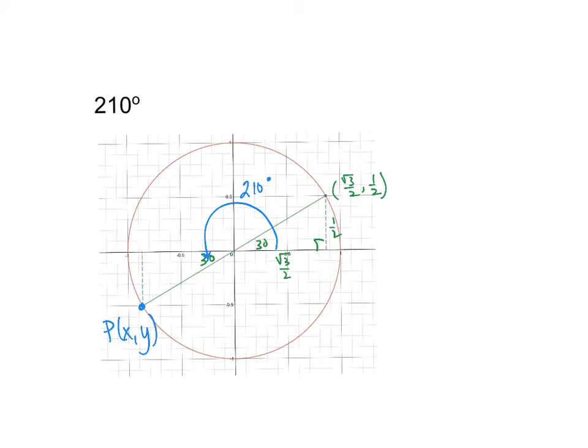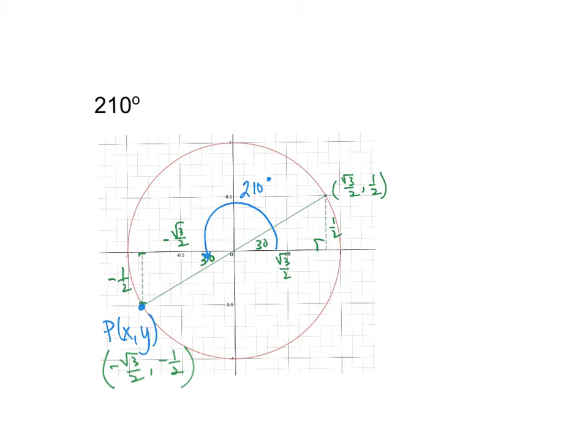We want to determine the coordinates of the new point in the third quadrant. We remember that this x value is root 3 over 2, but because it extends into the negative x values, it's negative root 3 over 2. Similarly, this value for y is 1/2, but because we're below the x-axis, it's negative 1/2.